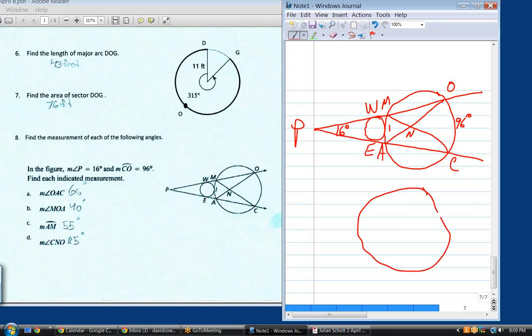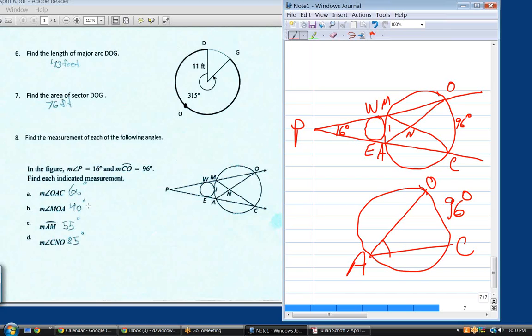If I draw just part of this, there's A, there's O, there's C, that's 96 degrees. What's that angle? Half, right? So 96 divided by 2 is 46, I think. 48. 48 plus 48 is 96. So that should be 48.